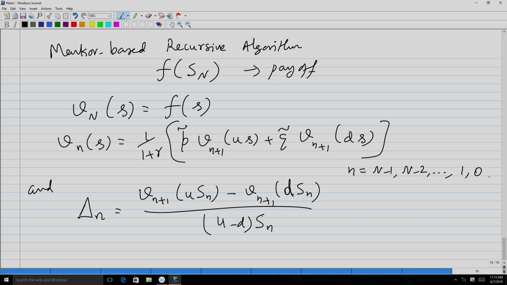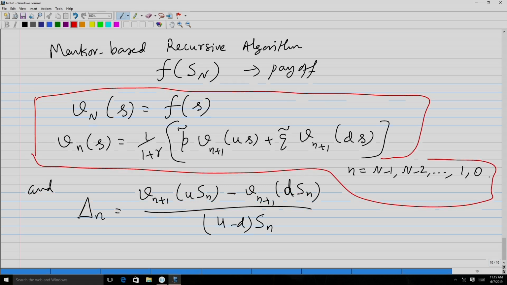This is the Markov based recursive algorithm. If you want to computationally implement the binomial pricing algorithm efficiently, then one would always look for a Markov based version of the basic binomial pricing algorithm, and this is essentially what gives us that. So, this is the implication of this Markov process.